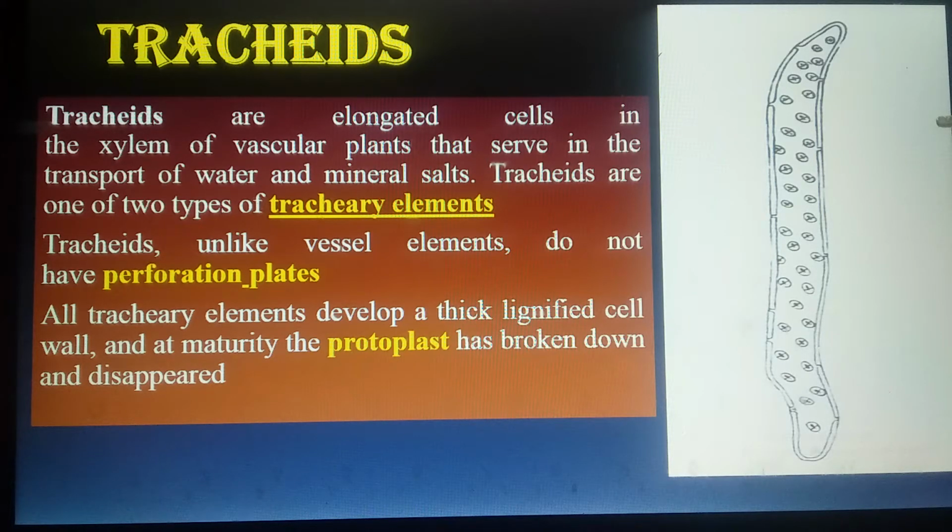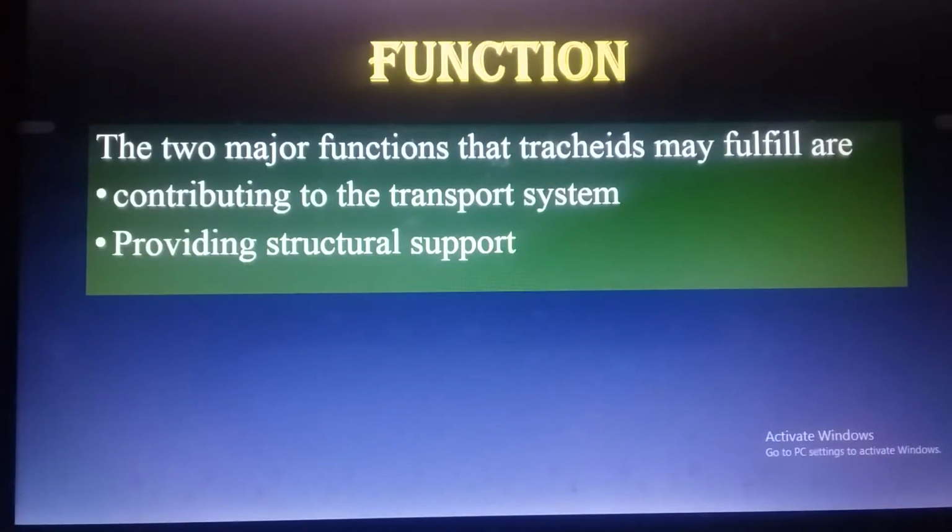So this is the basic concept of the tracheids. Perforation plates are absent. They are tapered at the ends, they have pits, and their walls are lignified, lignin material deposited. Now, function. Tracheids perform two important functions.